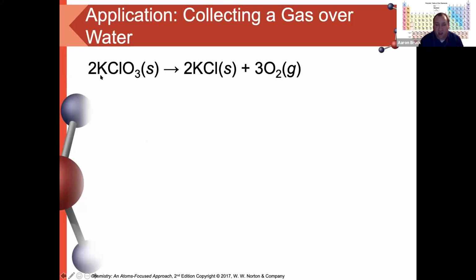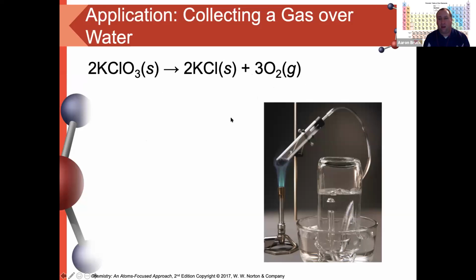If we have potassium chlorate and we heat it up, the potassium chlorate will decompose into potassium chloride and oxygen gas. And this is a picture of that reaction taking place.